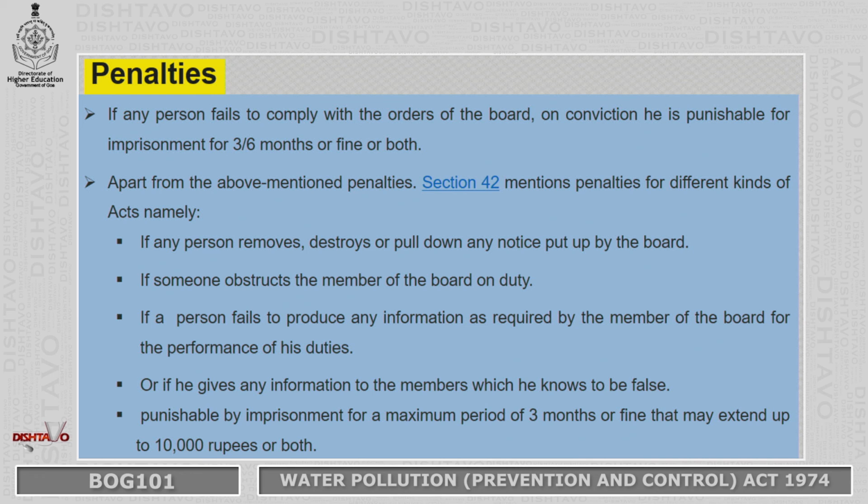or fine, or both. Apart from the above mentioned penalties, section 42 mentions penalties for different kinds of acts, namely if a person removes, destroys or pulls down the notice put up by the Pollution Control Board, or if someone obstructs a member of the Pollution Control Board who is on duty, or if any person fails to produce any information as required by a member of the board for performance of his duties, or gives false information to the members who are on duty.